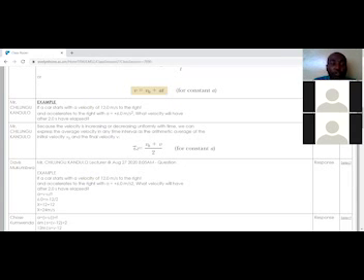But for constant acceleration there are only two velocities, so when you do v naught plus v over 2, that is your average.